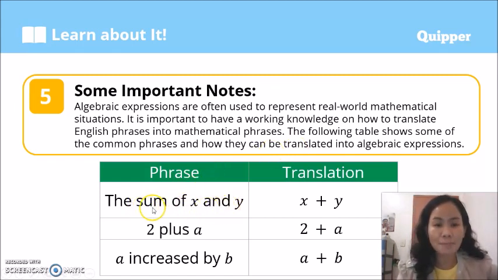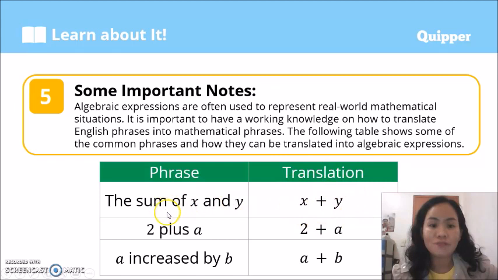When we say sum, ibig sabihin we add, no? We add. So, x plus y is the mathematical expression for this English phrase. Okay? So, pag sum, ibig sabihin plus. Pag difference, ibig sabihin minus. Pag product, ibig sabihin multiplication. Pag quotient, ibig sabihin division or divide.